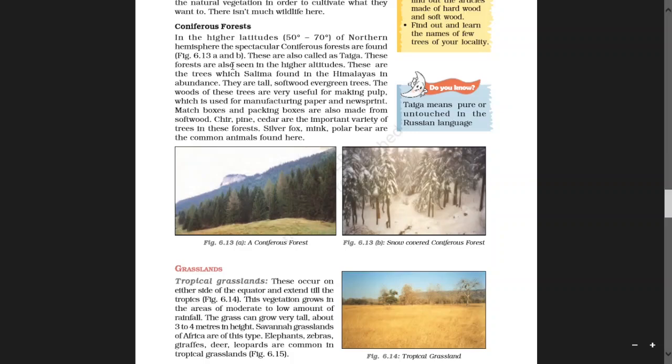See figure 6.13 A and B. These are also called taiga. Remember, coniferous forests are also known as taiga. Mark this one also.